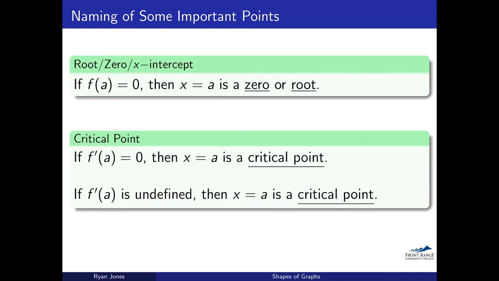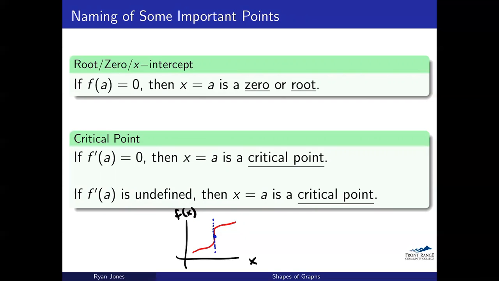A great example of this, let's go ahead and sketch a function here real quick. If that's my function, x, f of x, then right here, my tangent line, I'll draw it dashed.